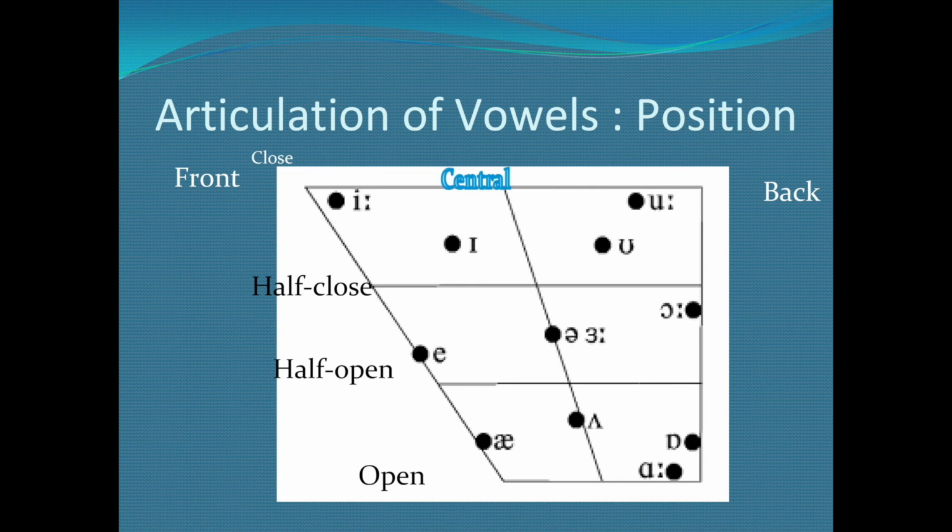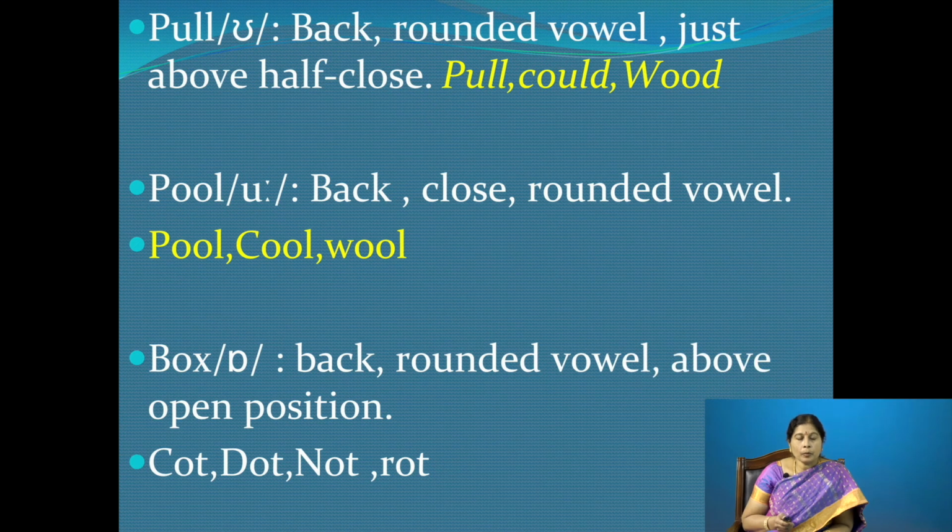So all these five are back vowels, back part of the tongue is raising. In the vowel scale you can notice where they are located. Look at this picture. Now let us describe this. When we describe the short u, already we have said that it is a back vowel, back rounded.